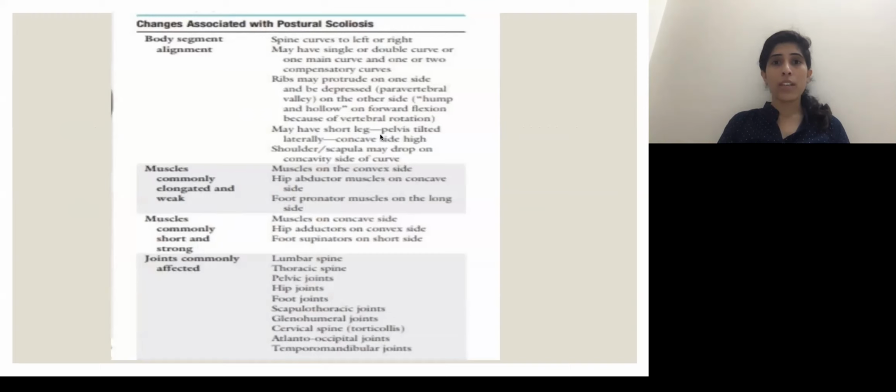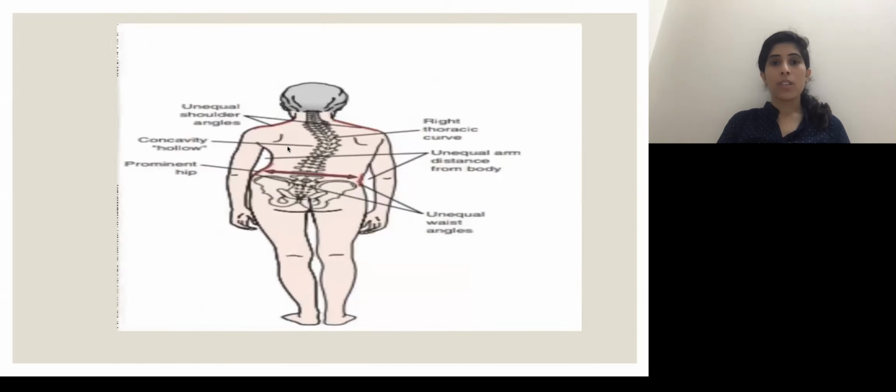The muscles which are commonly weak are those on the convex side, and the hip abductor muscles on the concave side, and the foot pronator muscles on the long side will get affected. Okay, so these are the deformities which we can see in the case of scoliosis.